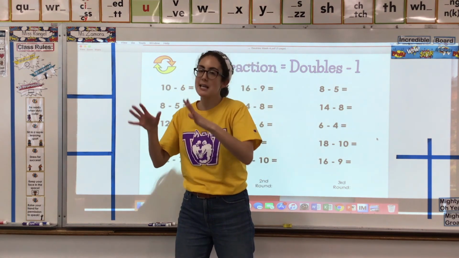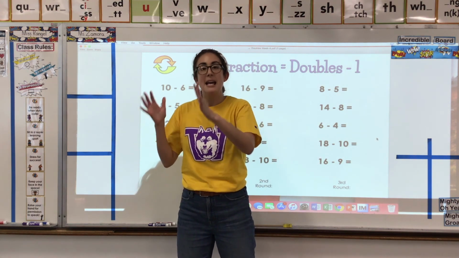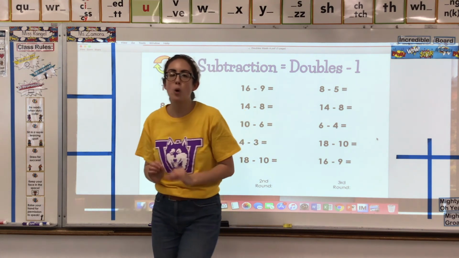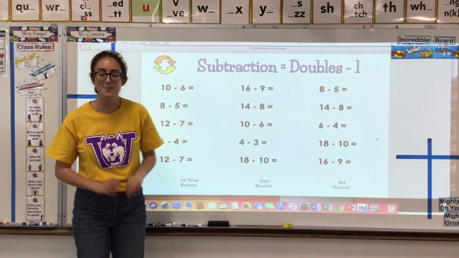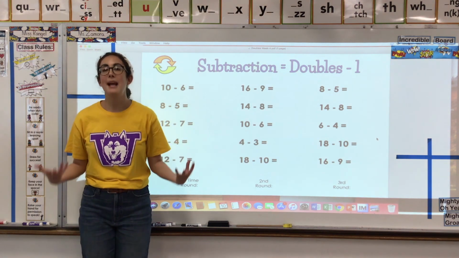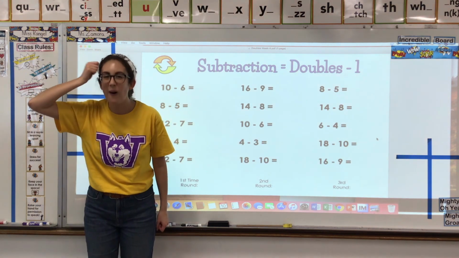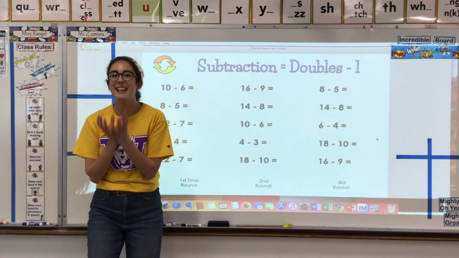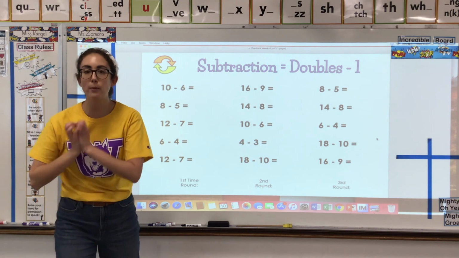But accuracy is the most important. Getting them correct, no matter how long it takes, is the most important. Okay, Super Scholars, take some nice deep breaths, use all your old knowledge that you stored, get it ready, and let's tackle our last doubles challenge.